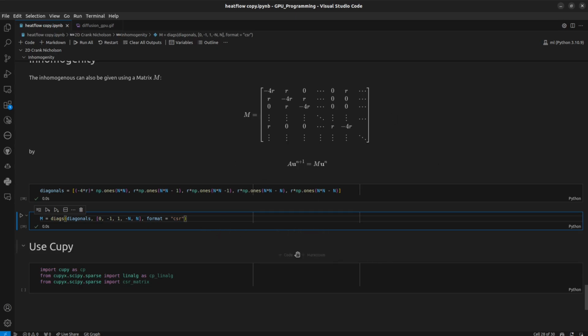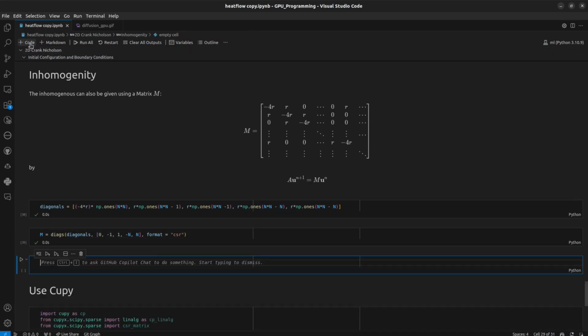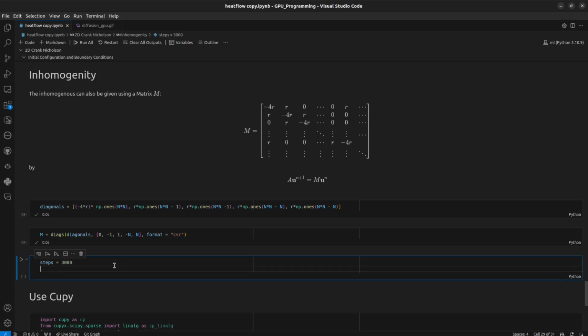Okay, now that we have both matrices, we can think about solving it. First of all, we're going to solve it with Scipy to have a comparison of how fast it's going to be with the GPU, and we're going to time it later on anyways. So first, we have to set our steps, how many iterations we want to have, and we have to store our results like last time.